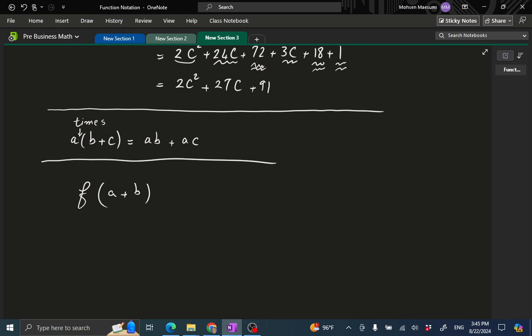Is this f times a plus b, or is that f of a plus b? These are entirely different things, but they look mightily like each other. To reduce that confusion, sometimes in my introductory classes, I put back the missing notation so that we don't get confused as to what this is. So this can be read one of two ways. In middle school, this was f times a plus b.